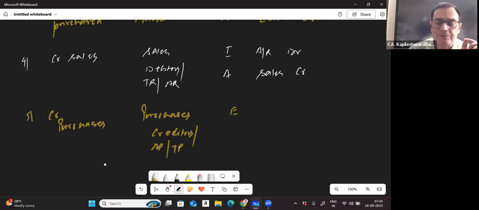Purchase is an expense and creditors would be a liability. Purchase is an expense. Expense is always debited. So purchase gets a debit, and the creditors or the accounts payable gets a credit.